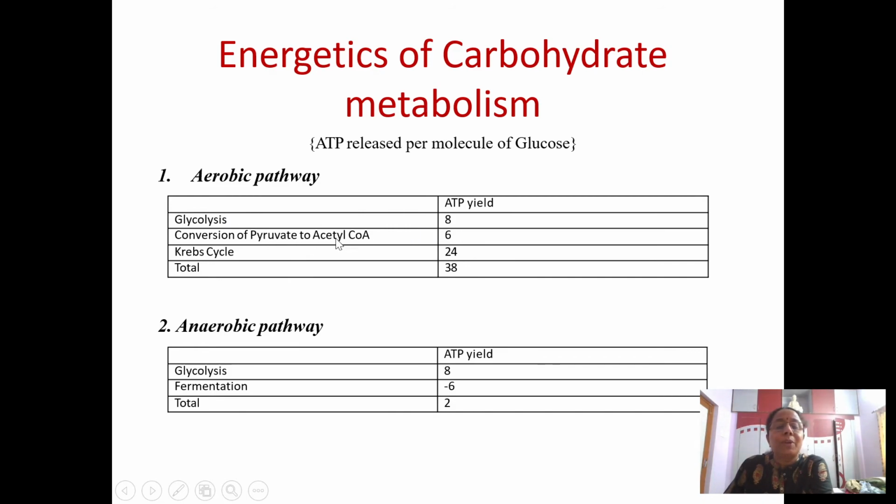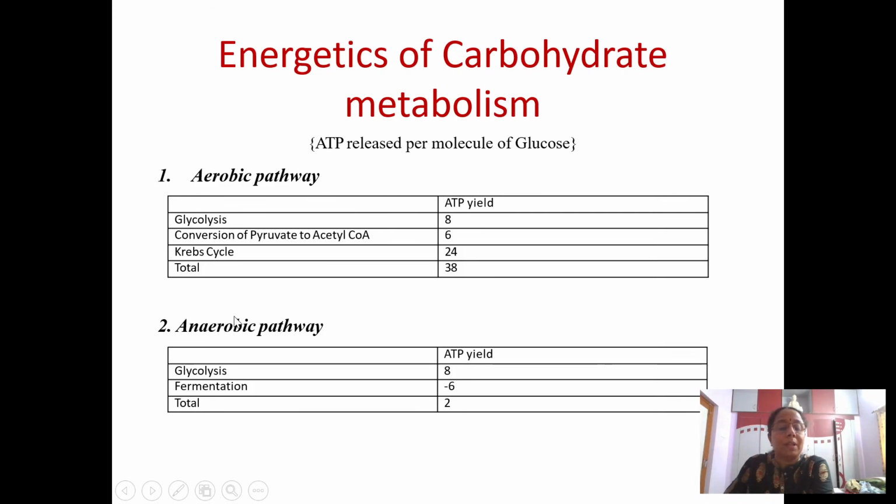The conversion of pyruvate to acetyl-CoA releases NADH, which enters the mitochondrial electron transport chain, and 6 ATPs are released. From the Krebs cycle, 24 ATPs are released. So in the aerobic pathway, the total ATP released is 38 ATP per molecule of glucose.